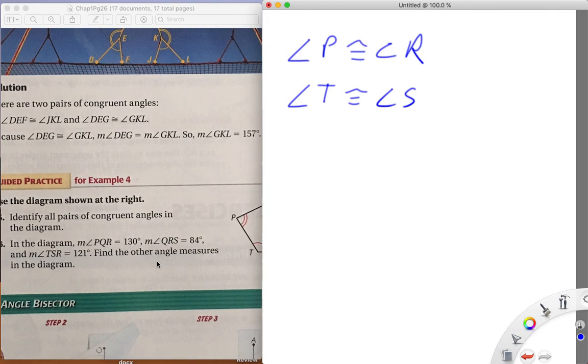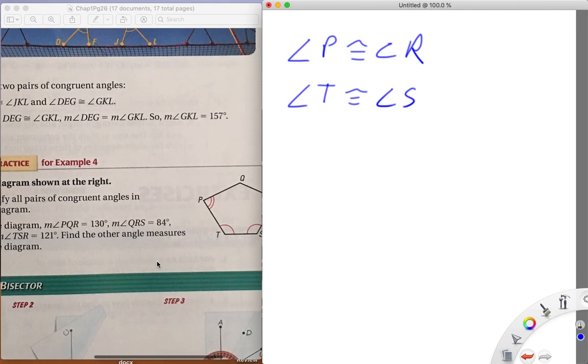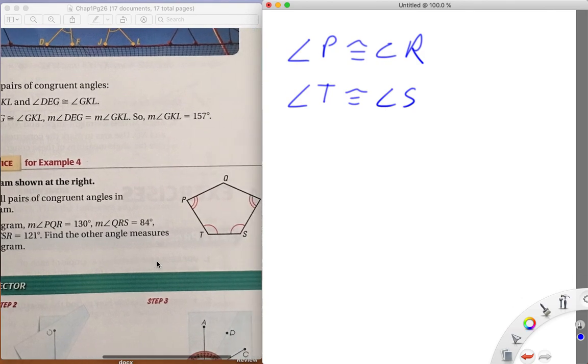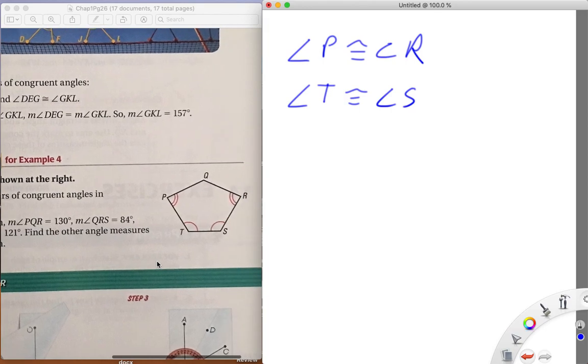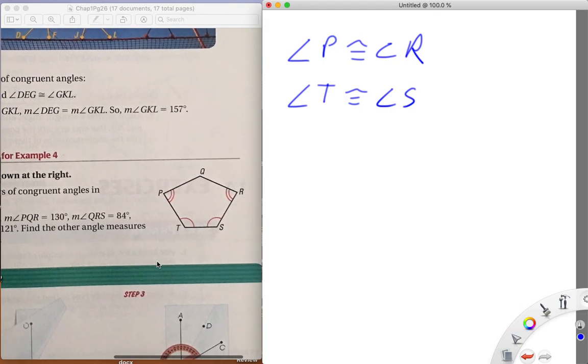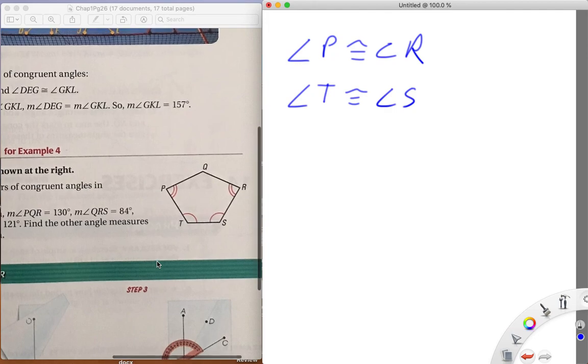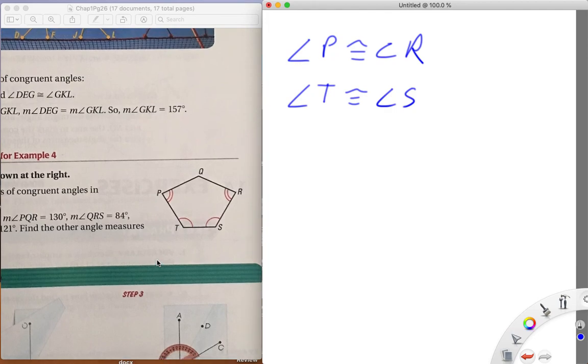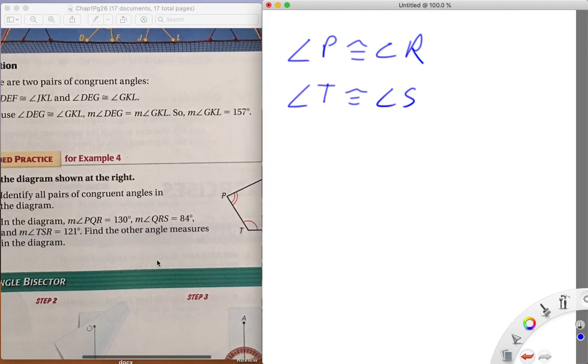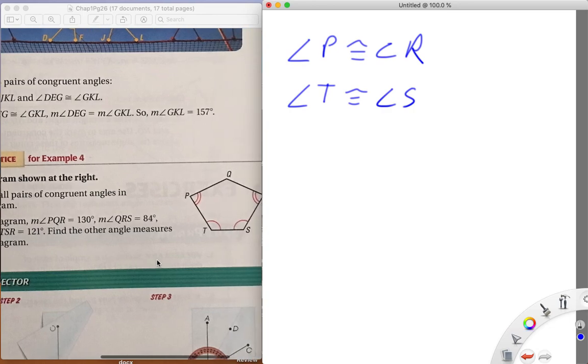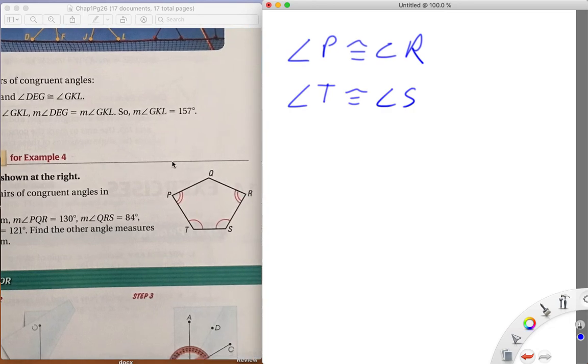It says in the diagram, they give me the measures of the angles and they want me to find the other angles. So PQR, QRS. Alright, so since I know that angle P is congruent to angle R, this would be QRS.